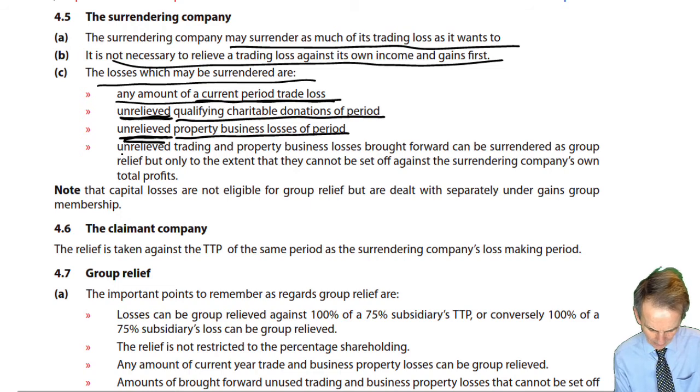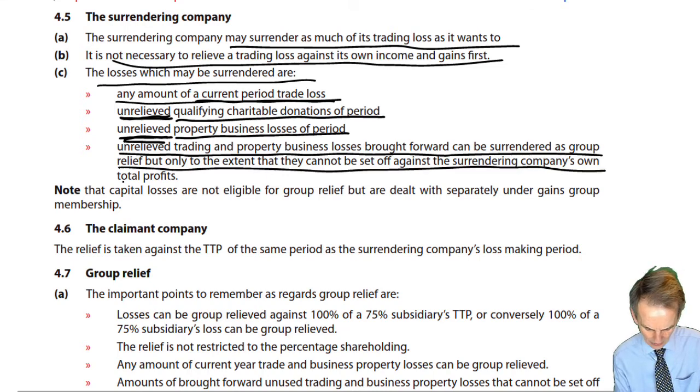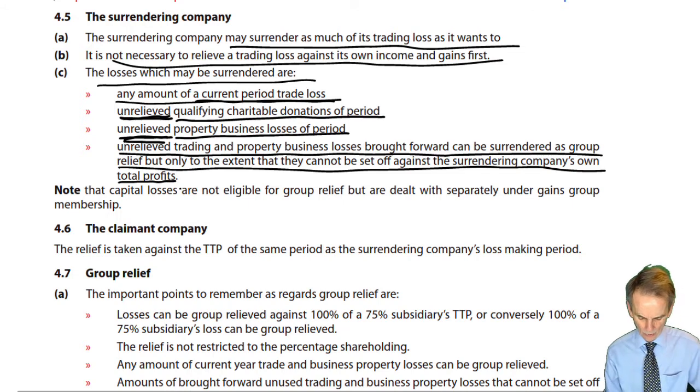What we also have is unrelieved trading and property business losses brought forward, which can be surrendered as group relief, but only to the extent that they cannot be set off against the surrendering company's own total profits.